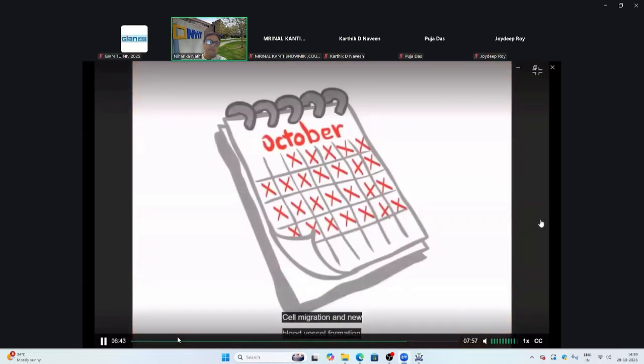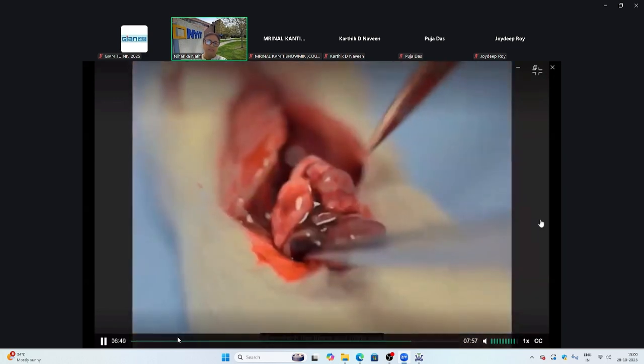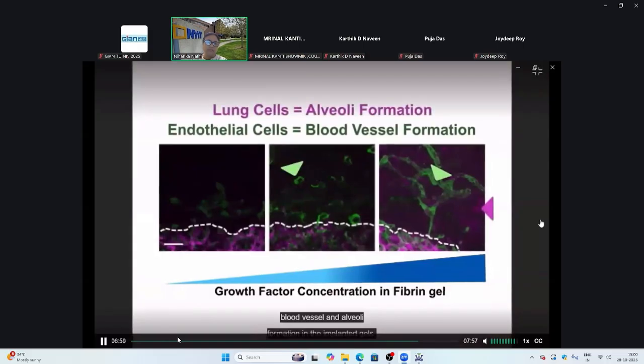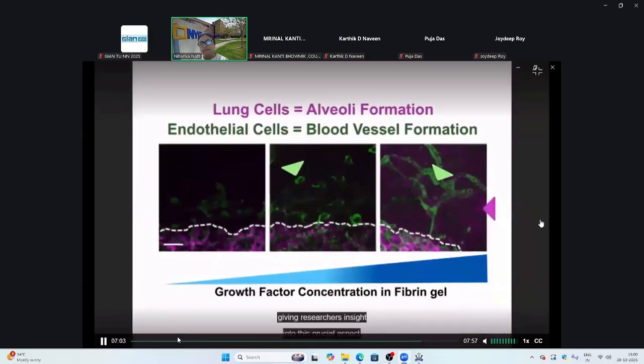Cell migration and new blood vessel formation were allowed to occur for the following 7 to 30 days, after which the lungs and fibrin gels were harvested, fixed, and sectioned. Imaging of these sections revealed blood vessel and alveoli formation in the implanted gels, giving researchers insight into this crucial aspect of lung development in its in vivo setting.